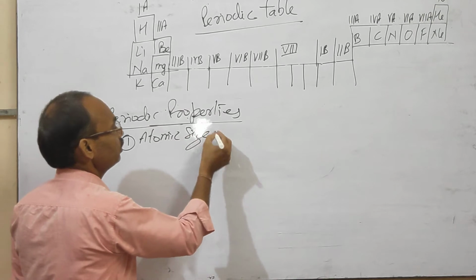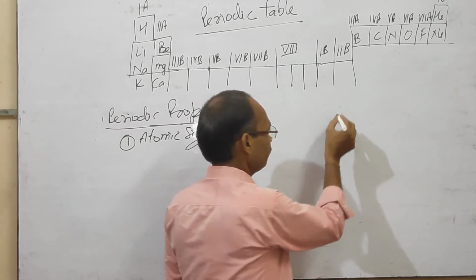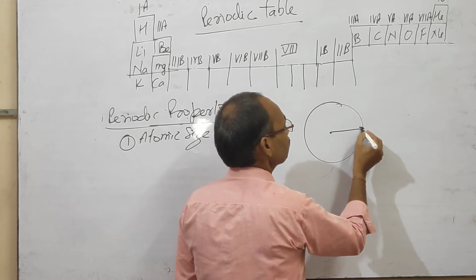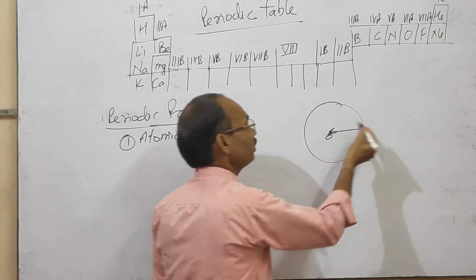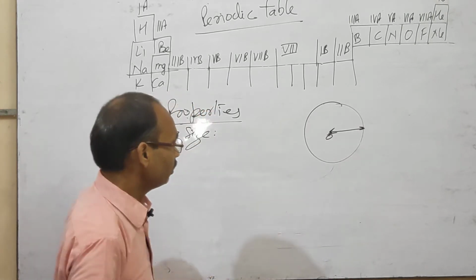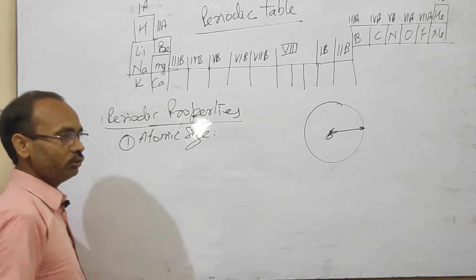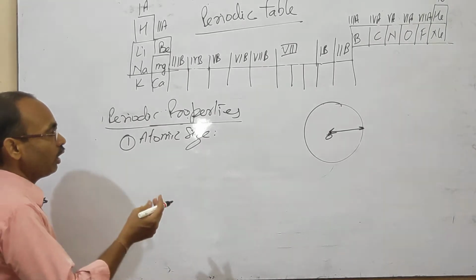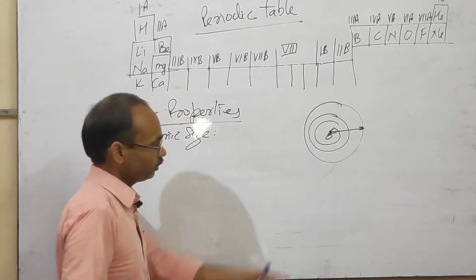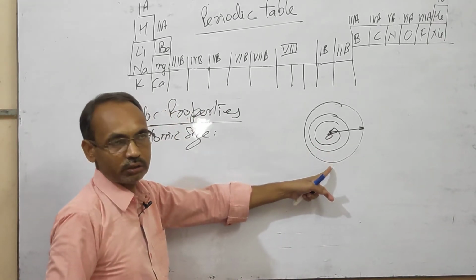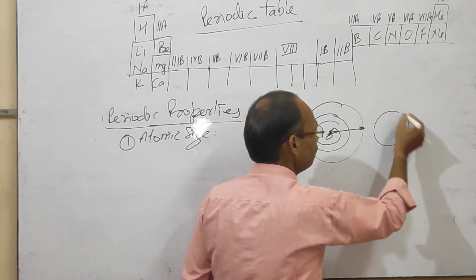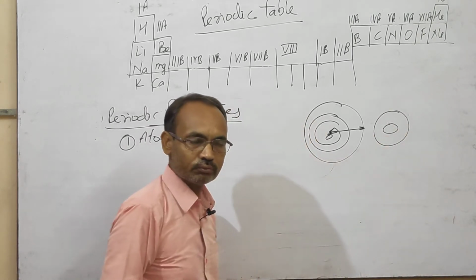Atomic size is the distance between the nucleus and the outer shell. The atomic size depends upon the number of shells present in the atom. If there is a greater number of shells, then the size increases, and if there is a smaller number of shells, then the size decreases.